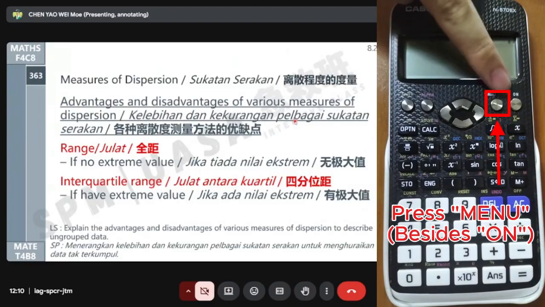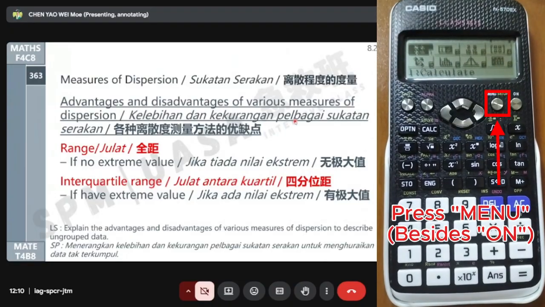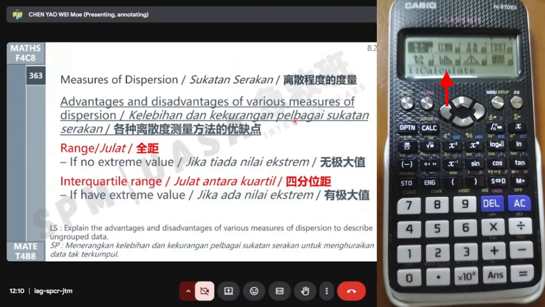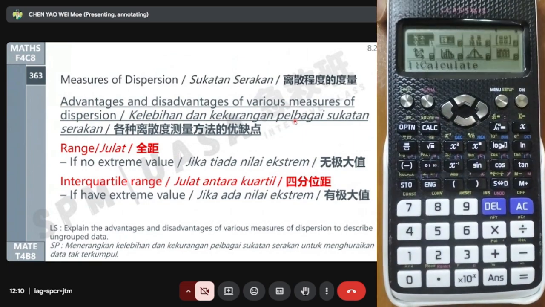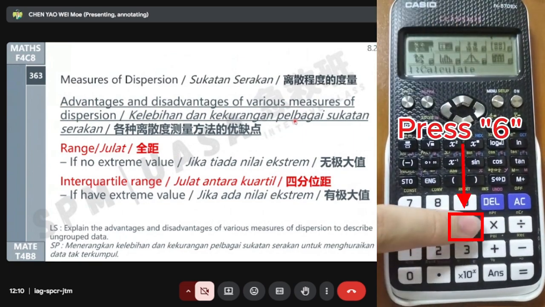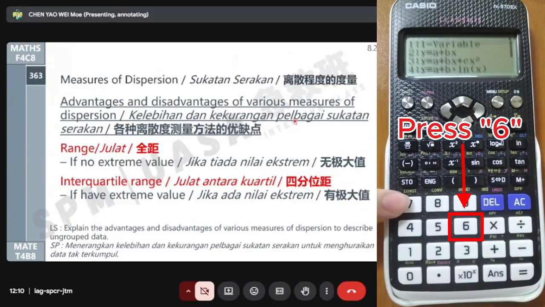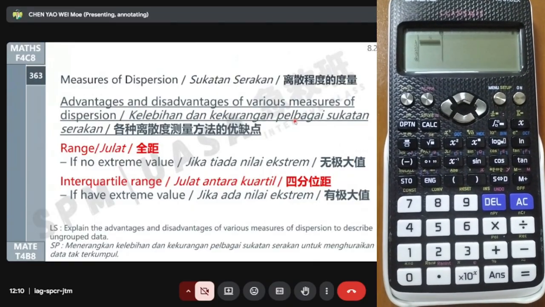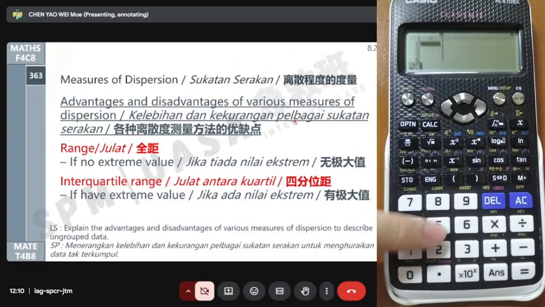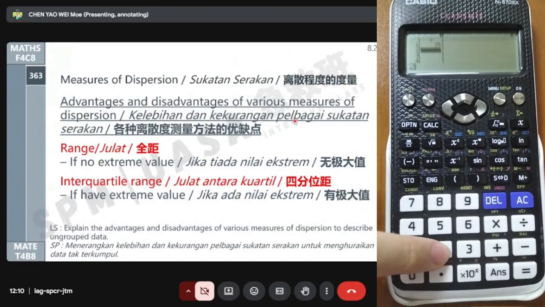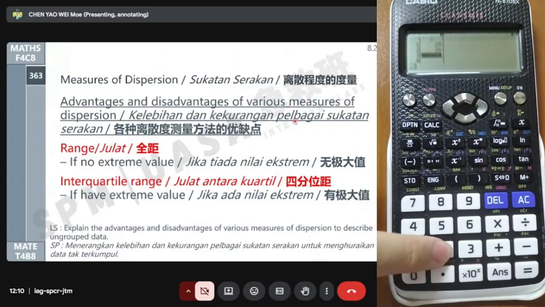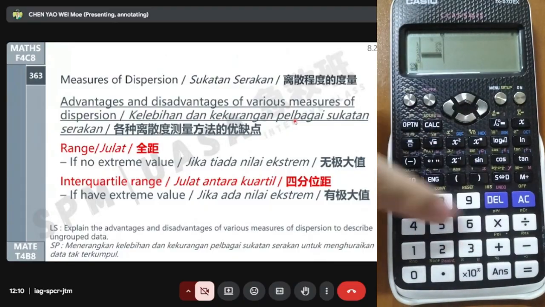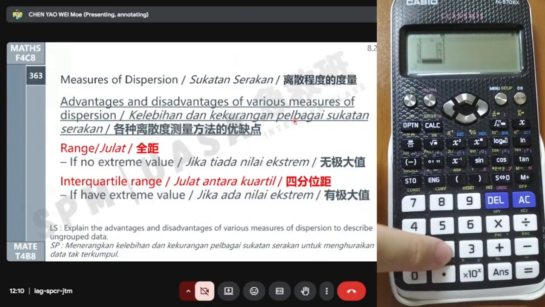First, press menu. You see statistics, number 6, just press number 6. One variable, number 1, just press. Put the numbers you want to put. It will show here, just follow it.